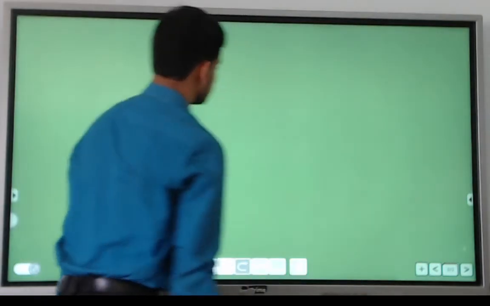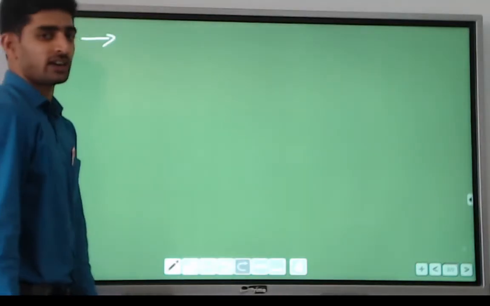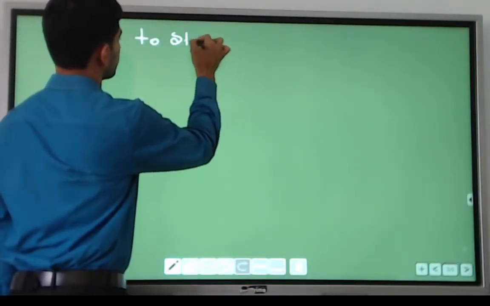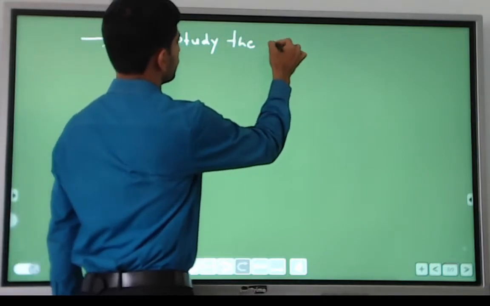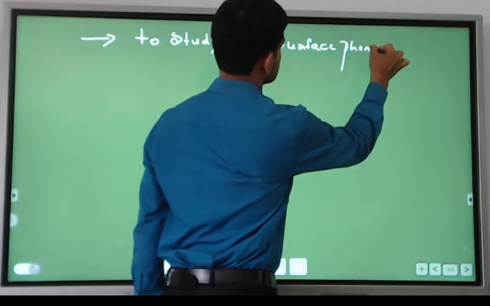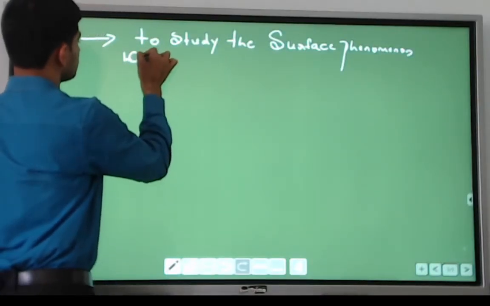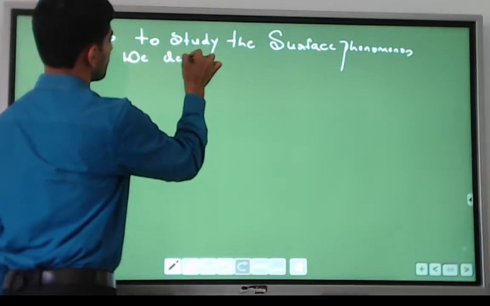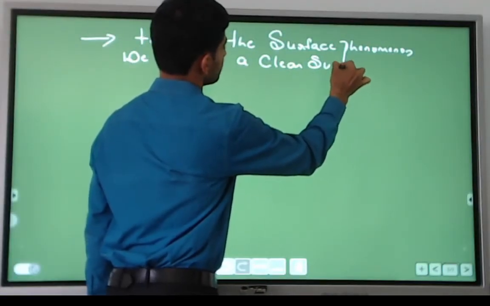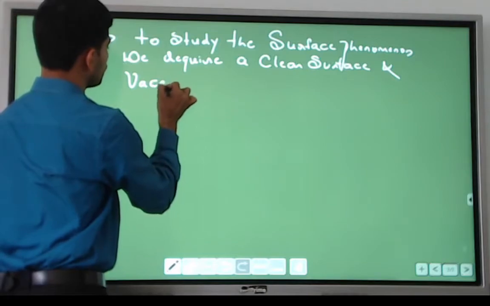Now, next point. The very important point that we need to understand right here is that to study the surface phenomena, that is surface chemistry, we require a clear surface, and we need to maintain vacuum condition.